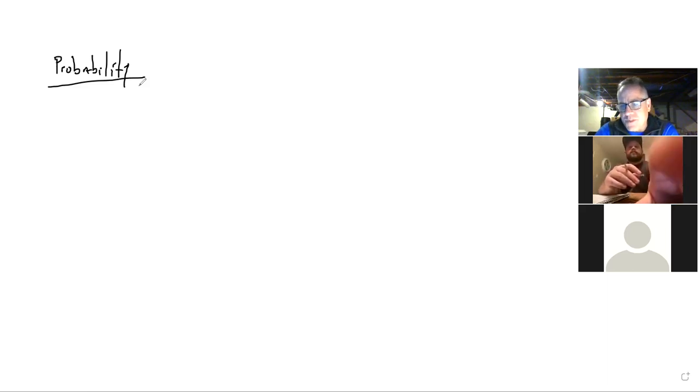Probability ties in with statistics, particularly looking at distributions. And we're not going to get to that aspect of it. That will be reserved for a statistics course. But we're going to just start with a basic study of what is probability.